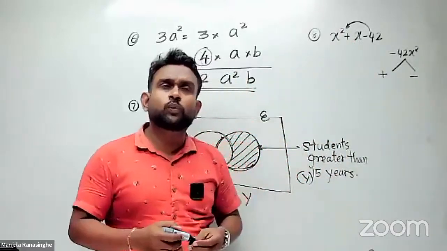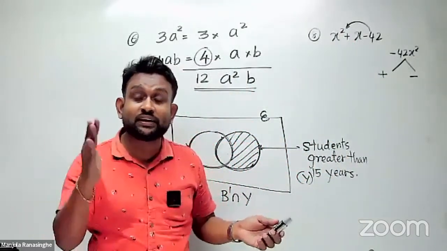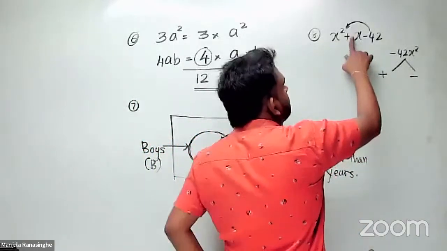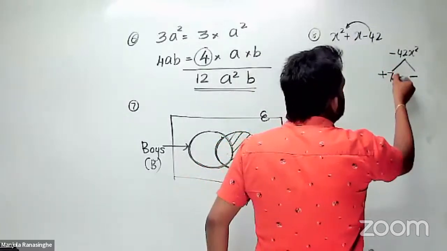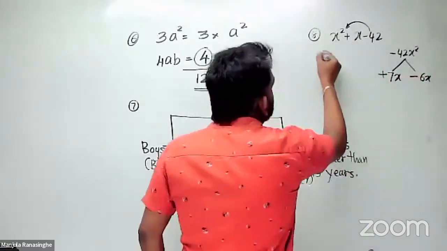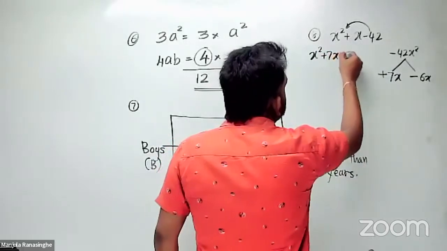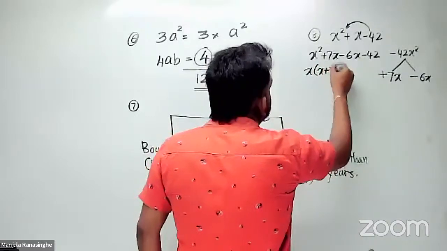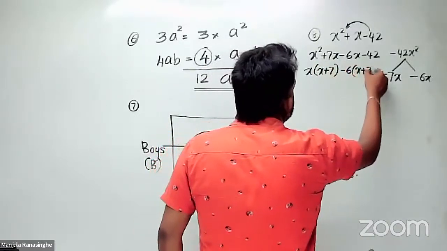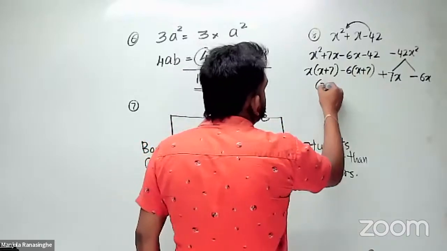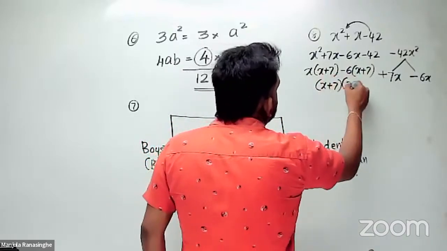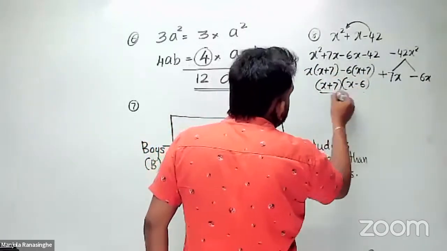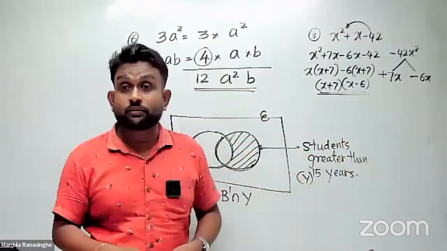So what difference 1 and product 42 create? That is 7 and 6, 7 into 6. But here the sum is positive 1x, so the bigger one is 7: 7x minus 6x. Now you get x squared plus 7x minus 6x minus 42. Now take common factors two by two: x plus 7 taken out, and the other one is x minus 6. So x plus 7 times x minus 6. Okay, that is question number 8.